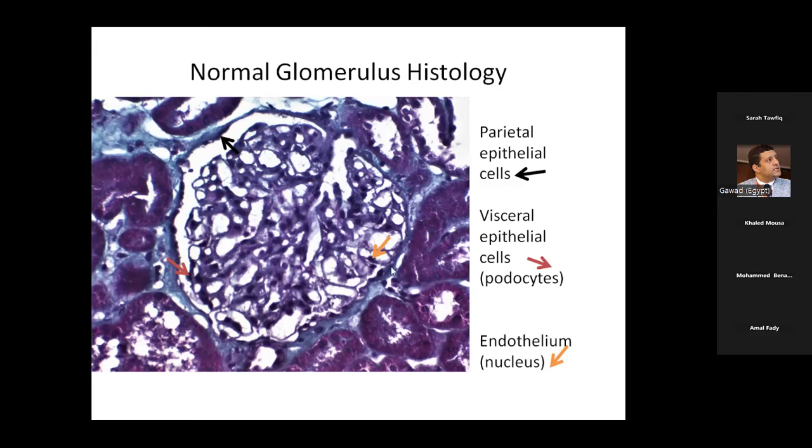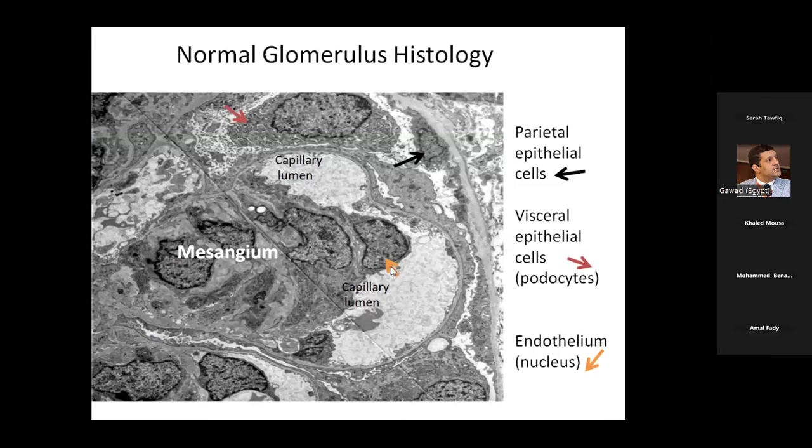Let's complete. That's the electron microscopic picture of a segment. It's not a whole glomerulus as we saw in the light microscopic picture, because this is at least 3,000 times magnification. So we are just seeing one capillary of the glomerular tuft.